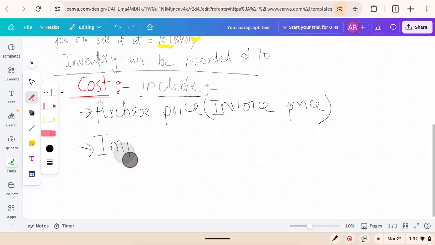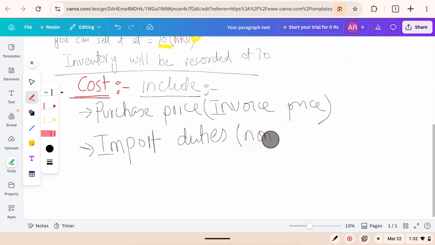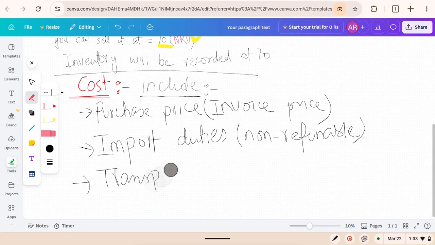Second thing, import duties that are non-refundable. Non-refundable means that are not refunded. Next thing that will be part of cost is transportation cost. The transportation cost that you bear to bring inventory from the supplier to the place where you use it in production. These are all parts of cost. Handling cost.